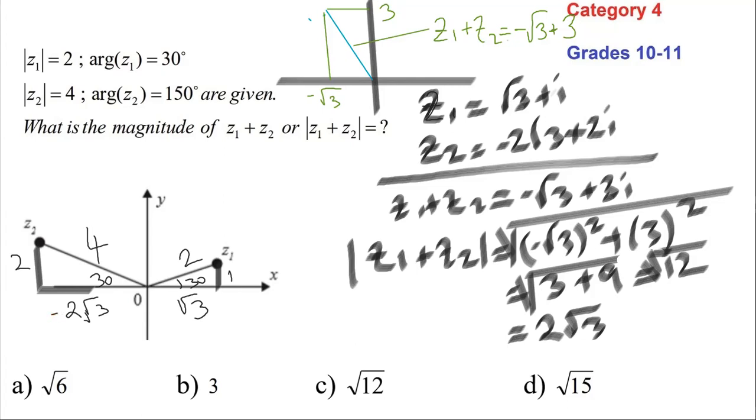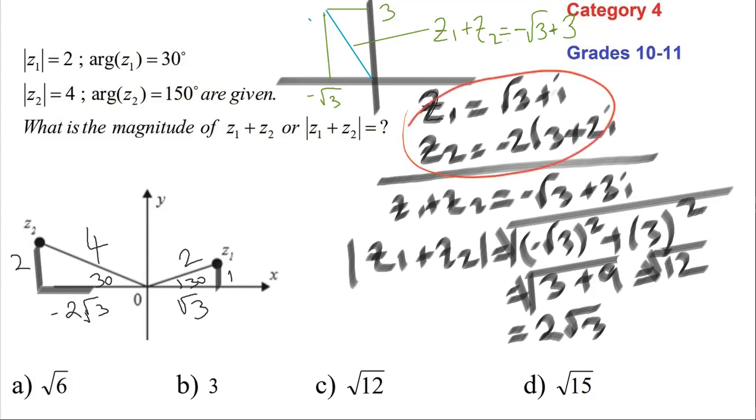So if you write in terms of complex numbers, this is the x part, root 3, and this is the imaginary part, 1 unit, so i. So root 3 plus i. And for the second one, the real part is negative 2 root 3, and the imaginary part is 2 units, so 2i.